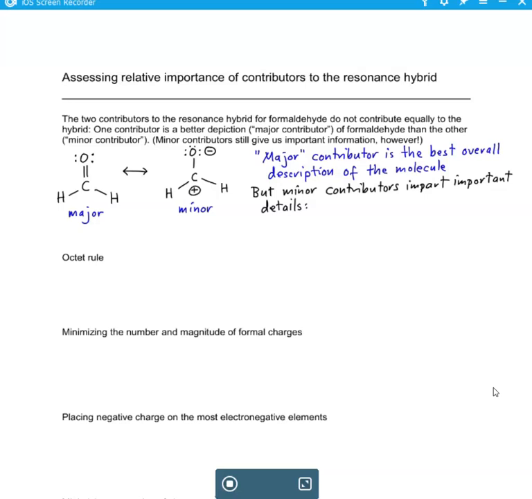Okay, so let's think about this for formaldehyde. So once again, for the 3000th time, here's formaldehyde. And so what we recognize as a major contributor, what we recognize right away in formaldehyde, all covalent bonds. These are all covalent bonds within the structure. And in particular, the one between the carbon and the oxygen, we can put another designation on.